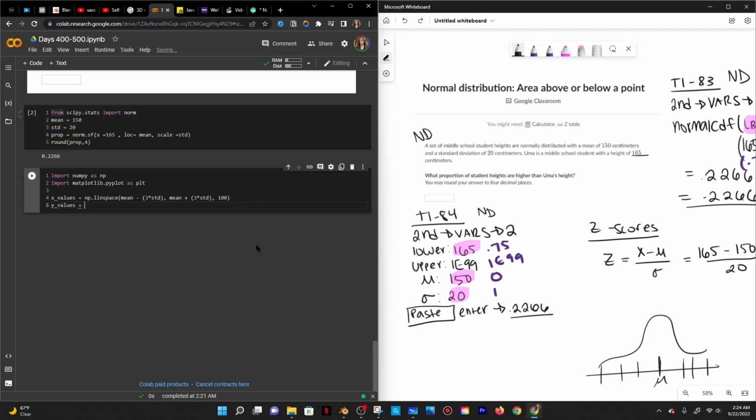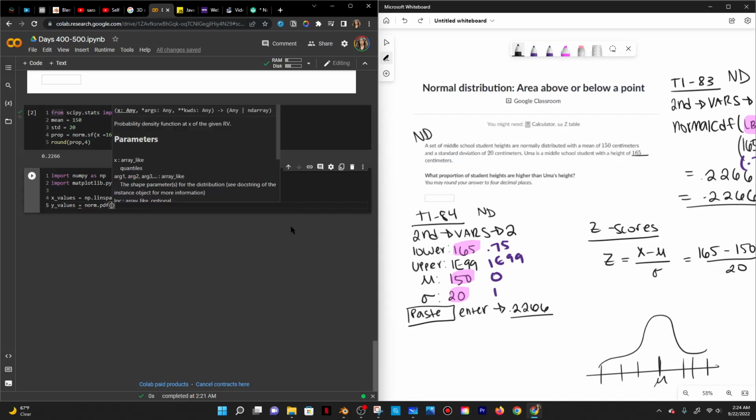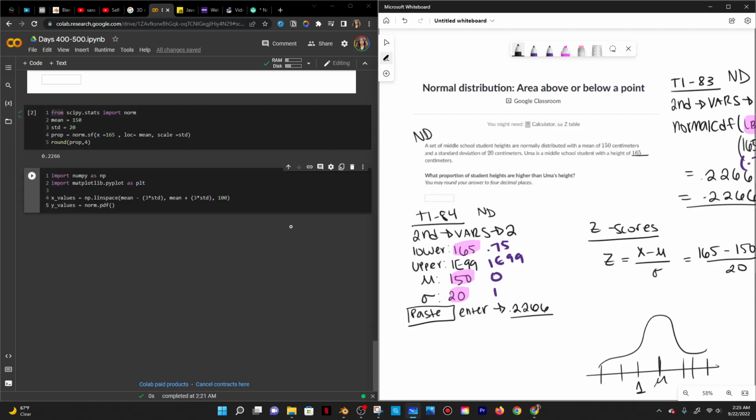Now the y values is actually what makes the curve, the density. So I would use norm.pdf instead of CDF, and PDF stands for probability density function. You could ask yourself, what is the difference between PDF and CDF? Well, CDF is the cumulative distribution function. If I ask you, okay, what is the CDF of 1?